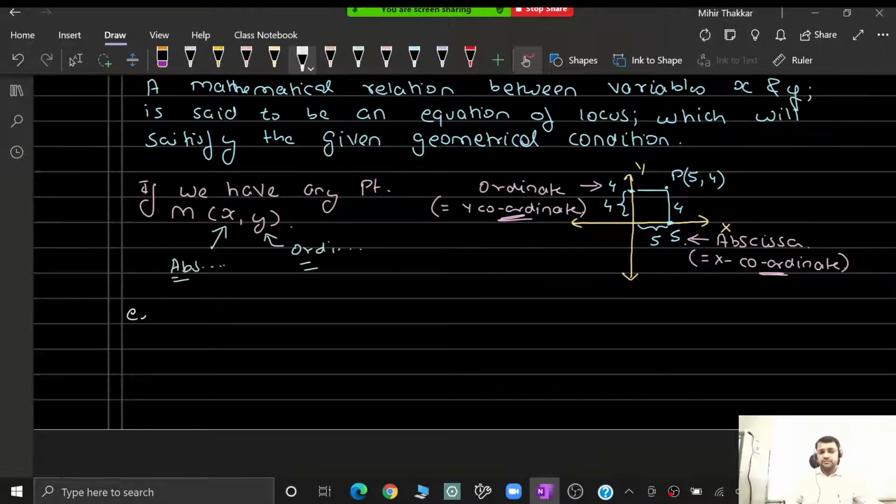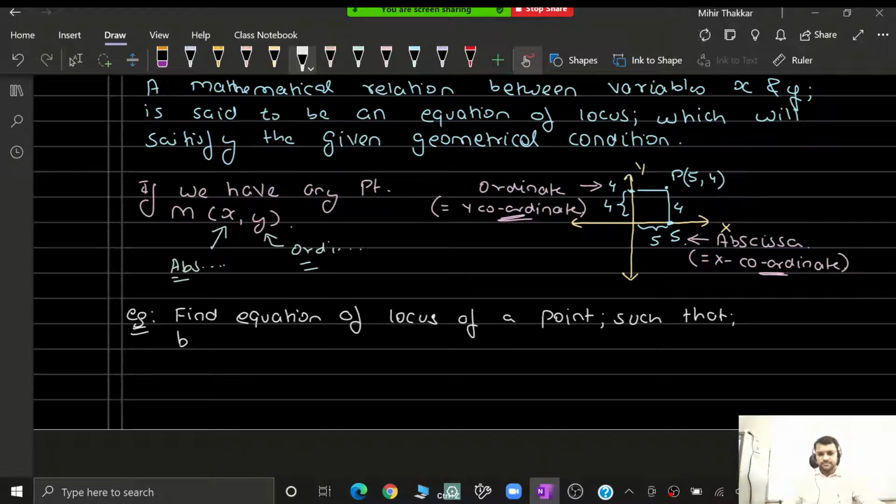Find the equation of the locus of a point such that abscissa is thrice the ordinate.